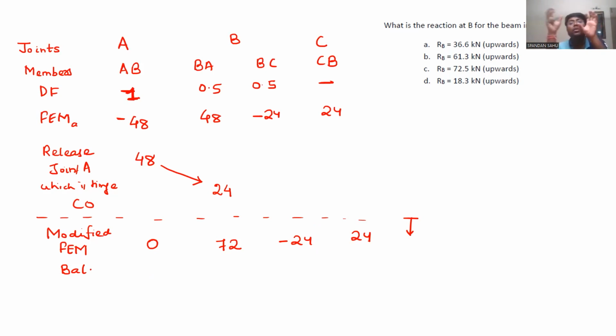So if you give minus 48 kilonewton meter and divide as per the distribution factor to the members, then that joint will be balanced. Right or wrong? Yes, sir. So you give minus 48 and divide by half: minus 24 and minus 24.